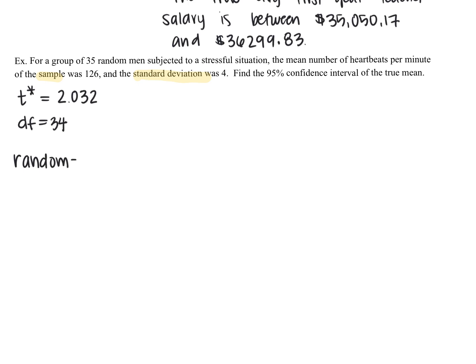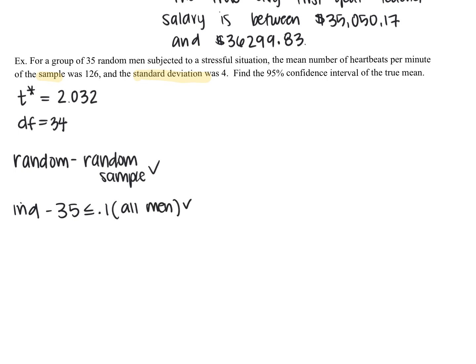So for random, it does say we took a random sample. For independent, 35 has to be less than or equal to 10% of all men, which there's at least 350 of those. And for normal, 35 is greater than or equal to 30.